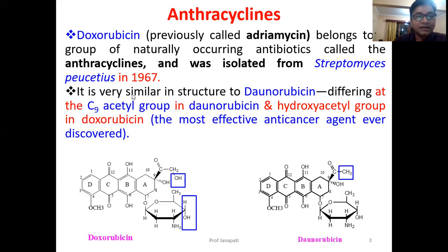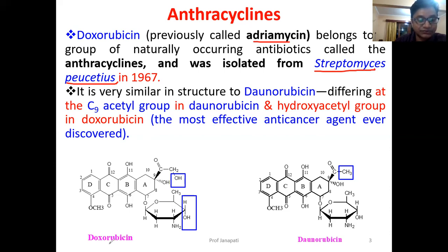Now, doxorubicin was previously also called adriamycin. It was obtained from microorganisms in the soil, Streptomyces peucetius, in 1967. Now, let us see some of its derivatives which are marketed.